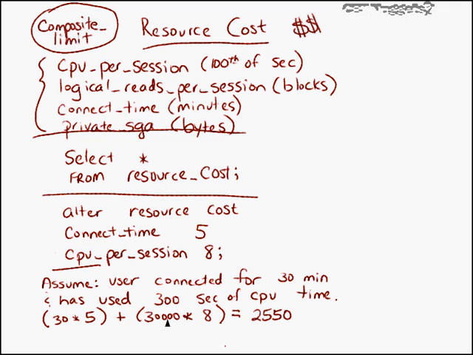Remember, this value is measured in 1/100ths of a second, so we have to multiply this times 100, times our weight of 8. So that gives the user 2550 of composite time. So let's assume that this user has a profile using the composite limit, and let's say the composite limit is set to 2500. Well, this is exceeding the composite limit, and this user session is going to terminate.